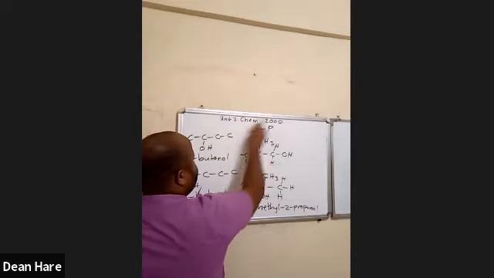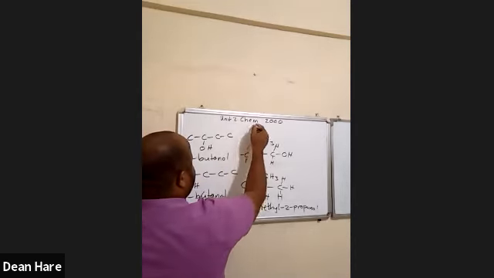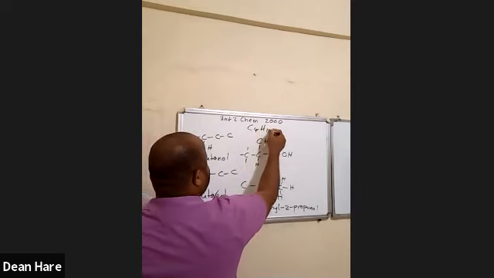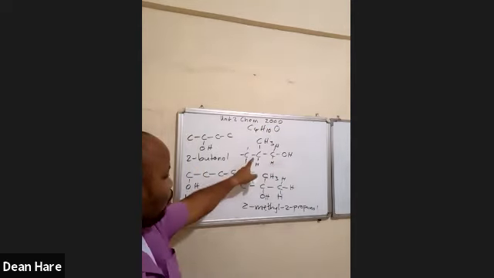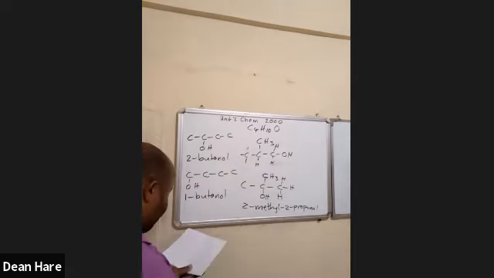So these are the isomers of C4H10O. So we can get 1-butanol, 2-butanol, 2-methyl-1-propanol, and 2-methyl-2-propanol. So those are the isomers of that compound.